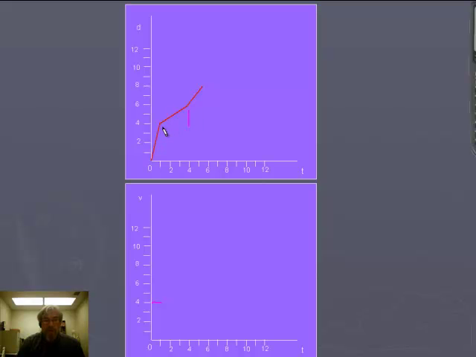It's got a different speed during this interval. And it's covering 2 units, it looks like about from 6 down to 4, 2 units in 1, 2, 3 seconds. So 2/3 of a unit per second.